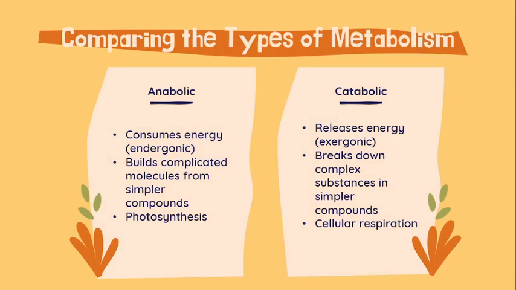So now let's compare the types of metabolism so we can have a better understanding of it. The anabolic pathway consumes energy. Don't forget, it consumes energy because it is building, right? It's building complex molecules from simpler compounds. An example of that is photosynthesis, because remember, in photosynthesis, plants are trying to make their own food.